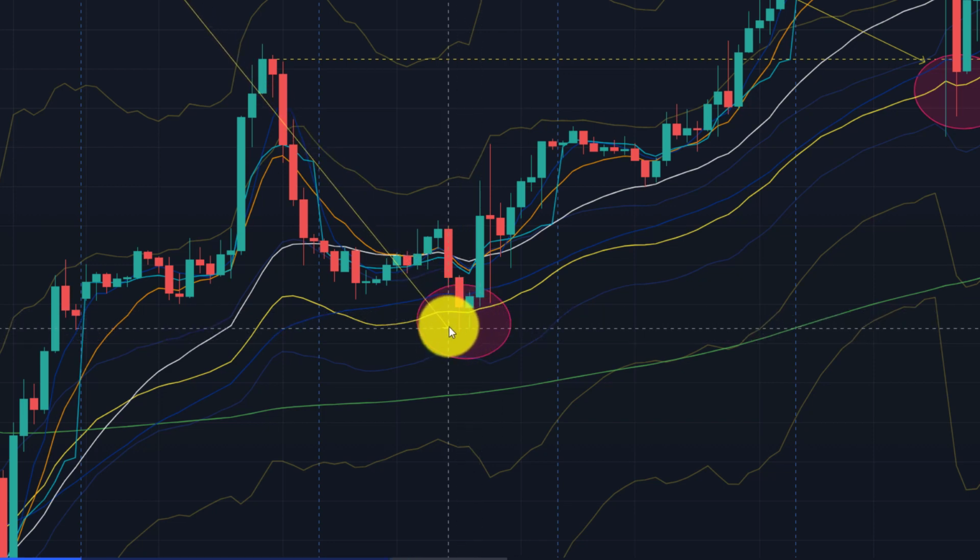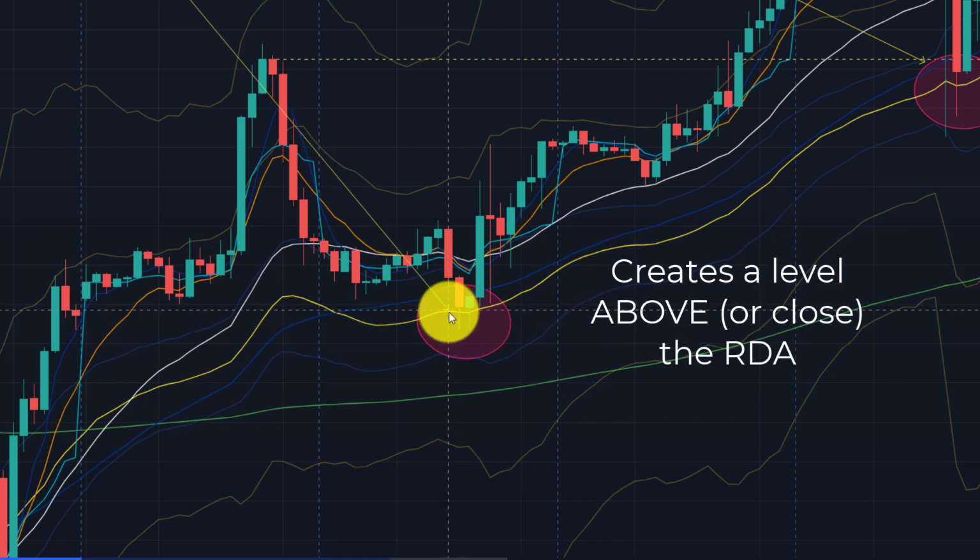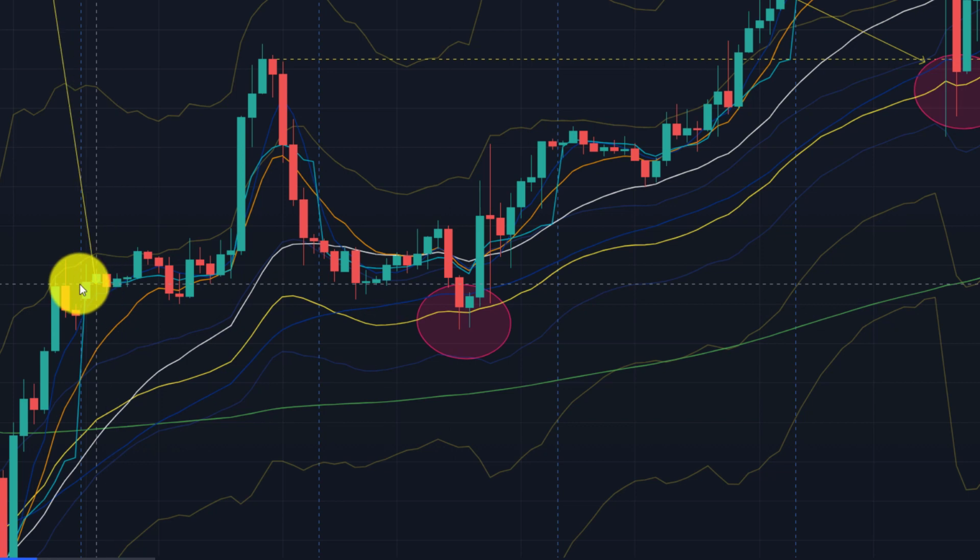What's important about this is that it typically has the rejections around the same area, within a kind of standard deviation. And then it creates a closed level that sometimes is strong, sometimes weak. In this case, it'd be a strong level because it is below this range.